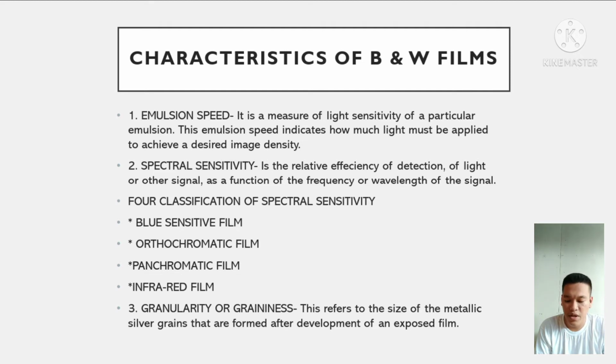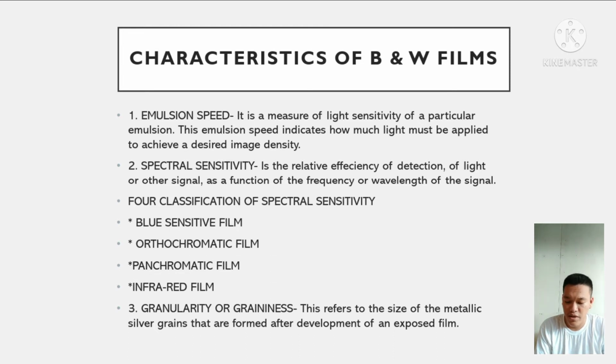The higher the number, the faster the film. At the same time, the larger the silver halides, the faster the film, and the smaller the silver halides, the slower the film. So that is the emulsion speed.